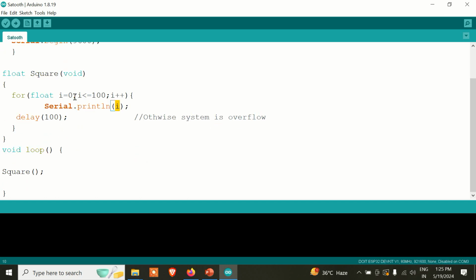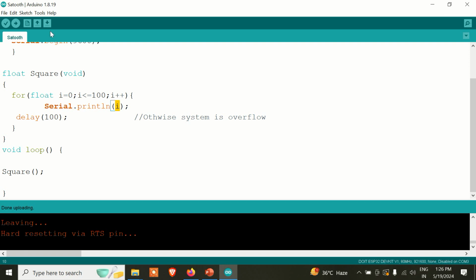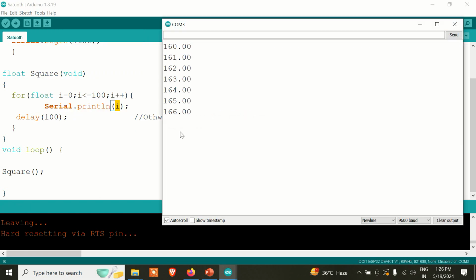So though mathematically if you see it's an incrementing the number, but if you see as a signal, actually it is a ramp type of a waveform. Let's see the waveform. So the program is loaded. If you see the numbers, it's always increment by 1 every time.